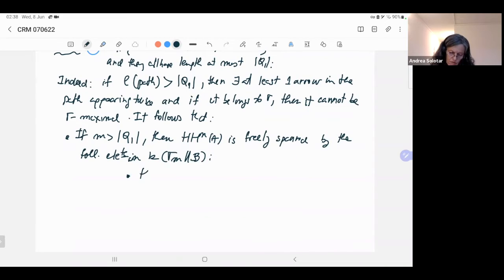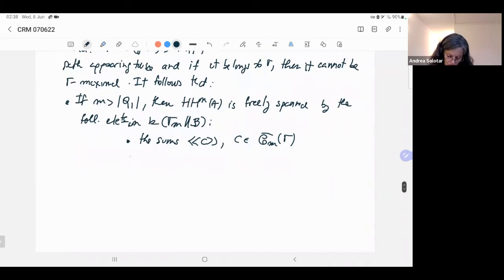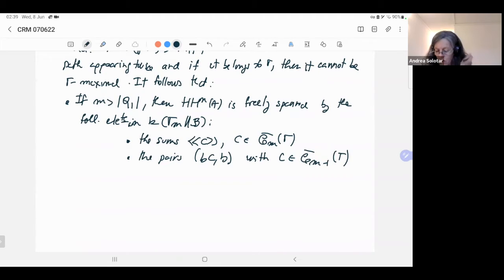So as we have seen before, we have the sums of this type that I'm not going to write again, but C is a representative of a path full of relations. And then for the shorter, length one less, we have this type of elements. So here C is a representative of a complete cycle of degree 1 less, okay?